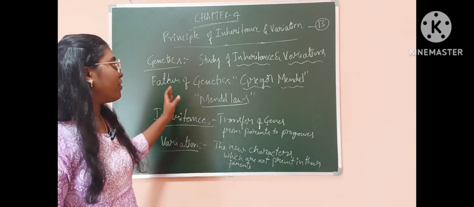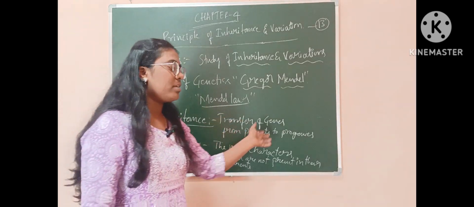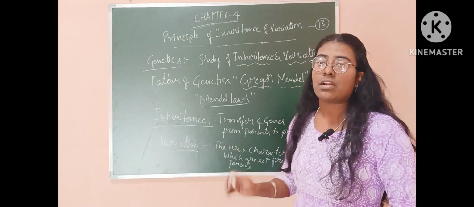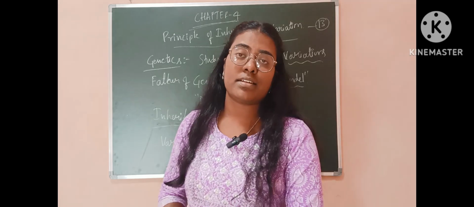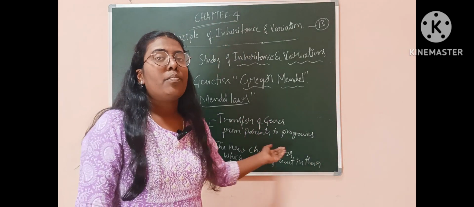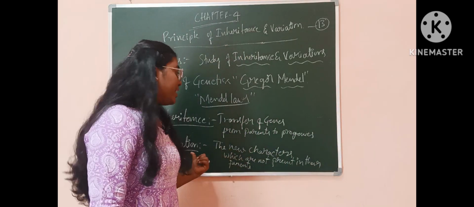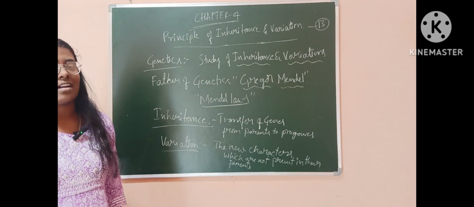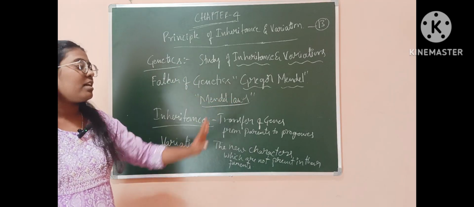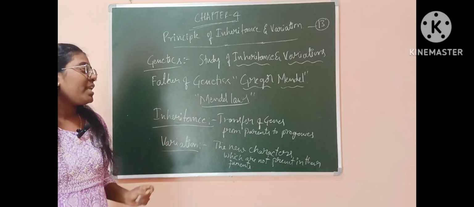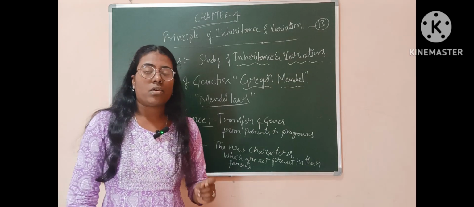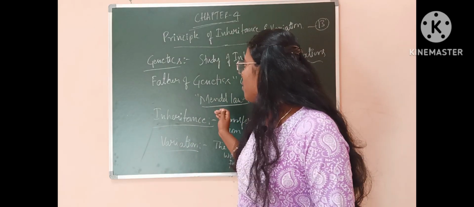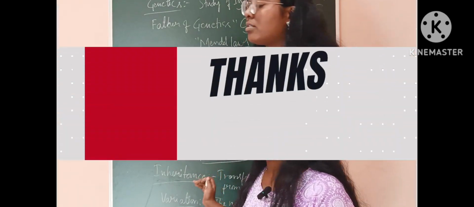The process of transferring genes from parents to progenies is called inheritance, and the new characters which are not present in the parents but are present in their progenies are called variations. The study of inheritance and variation is called genetics, and the father of genetics is Gregor Mendel, who gave many laws, and those laws are called Mendel laws. So this is about the meaning of genetics, inheritance, and also variation.